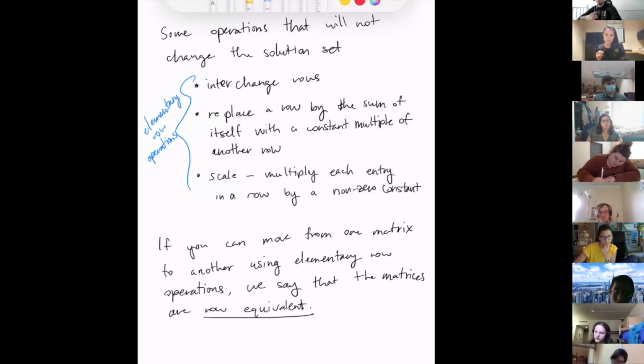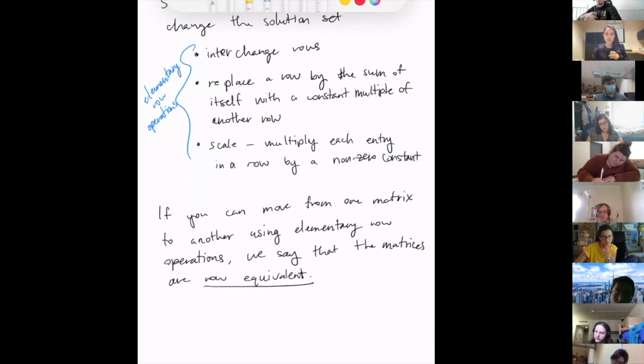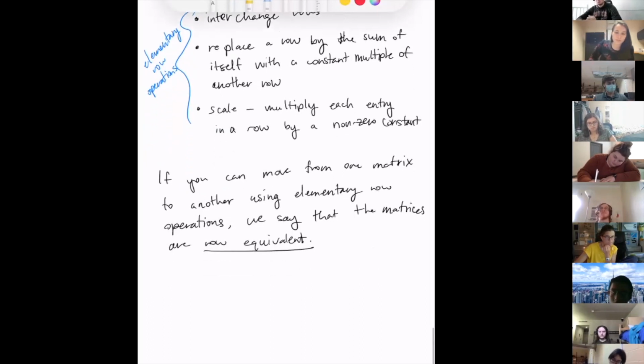Any matrices that are row equivalent will have the same solution set, meaning they are just regular equivalent as well.